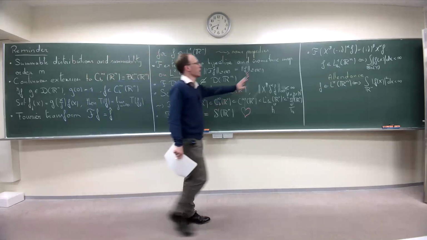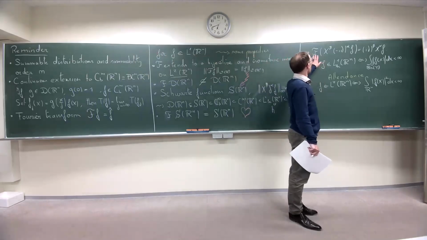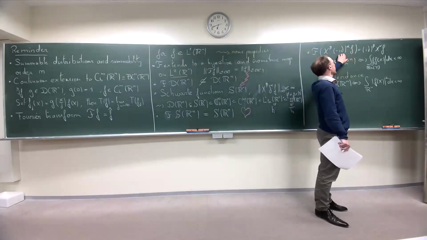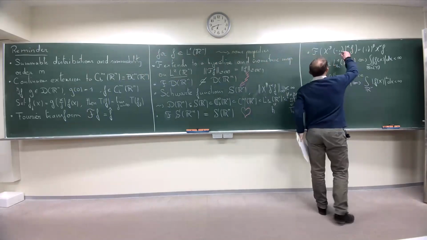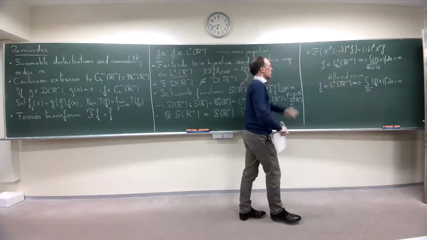And I finally mention one additional property of Schwarz functions and the Fourier transform. Take a Schwarz function, take any derivative. I told you for some reason we have to put a minus i. This is not the main point.